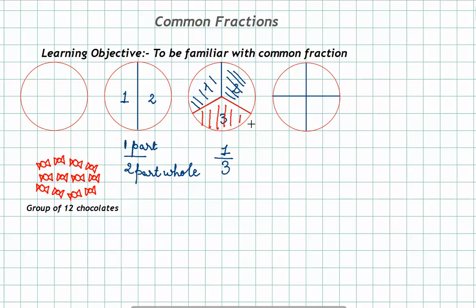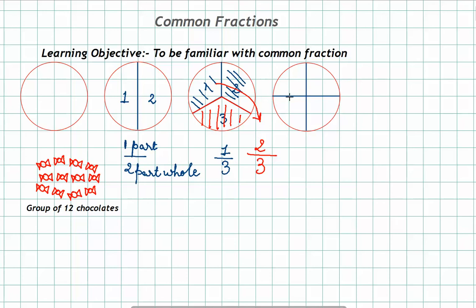In other words, your friend has consumed two parts out of the three parts and you have consumed one part out of the three parts. Let me repeat this with another example.